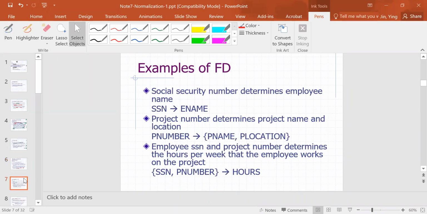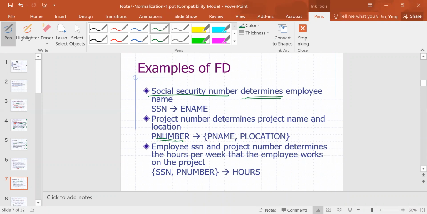So, more examples of functional dependency. We'll see this a lot. Another way to say it: employee name is functionally dependent on social security number. Here, the project number on the left-hand side determines the project name and location.